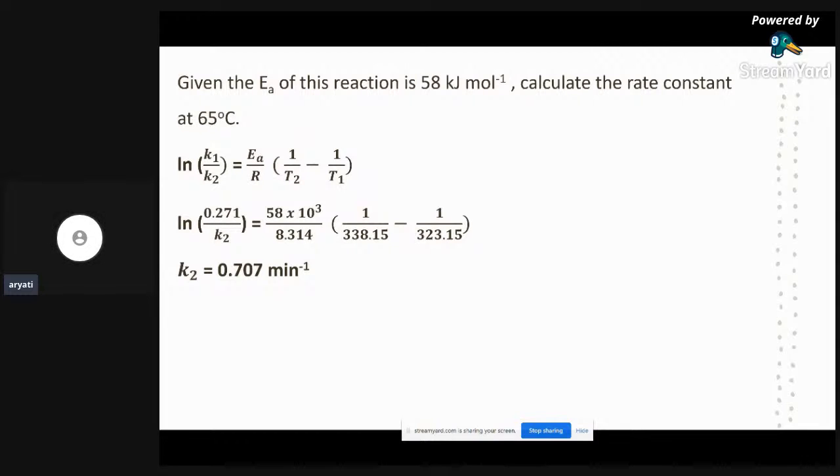Okay, then given the EA of this reaction is 58 kilojoule per mole, calculate the rate constant at 65 degrees. Okay, so T1 initial temperature is 50 degrees with the value of K1.